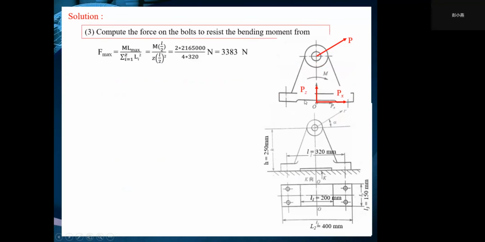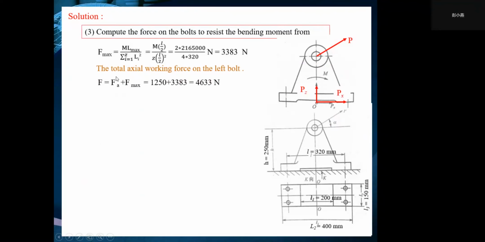And then compute the force on the bolt to resist the upsetting moment M. We use these equations from force analysis, and we calculate the maximum force to resist the upsetting moment, and the total actual force on the left bolt is Fa plus F max.